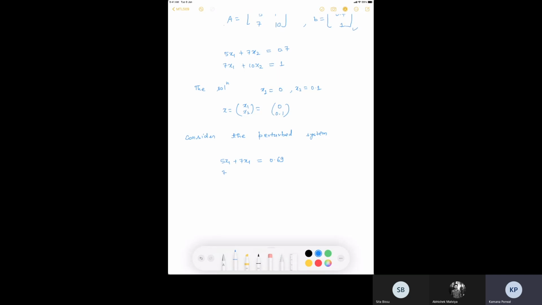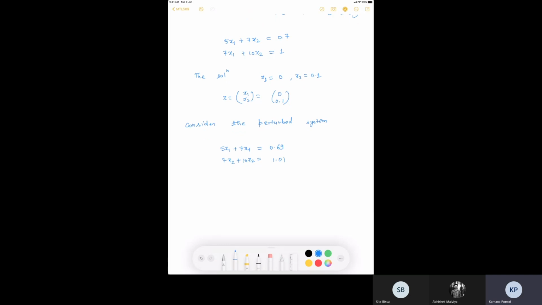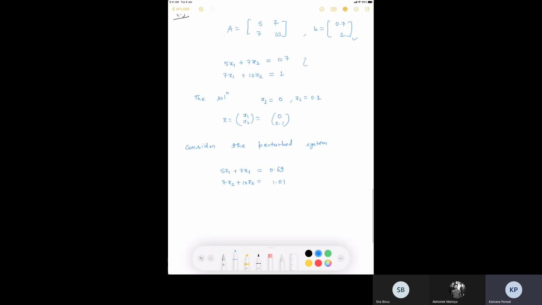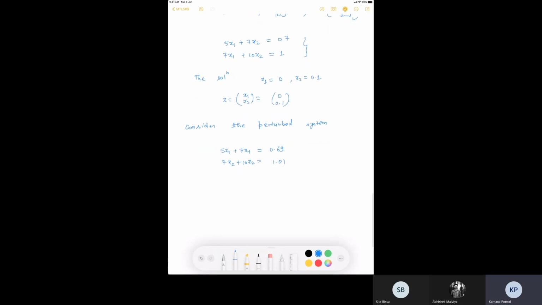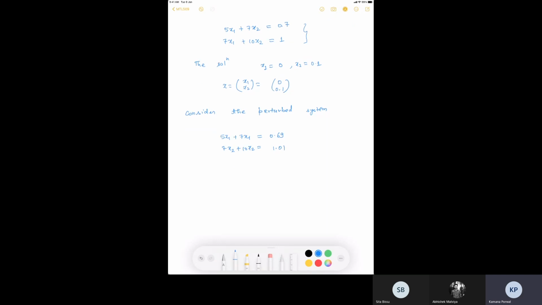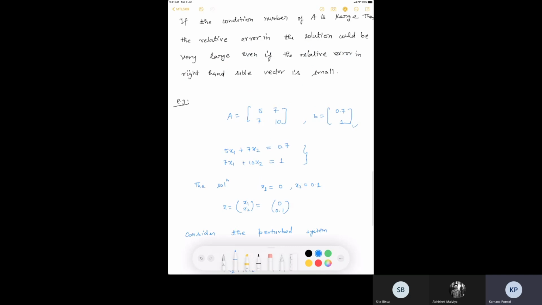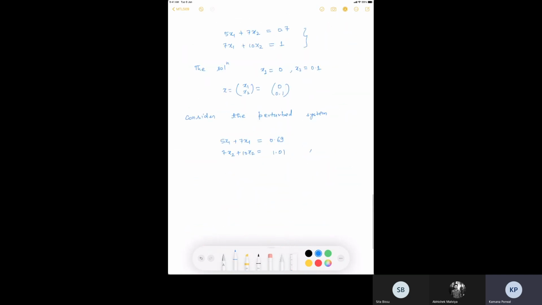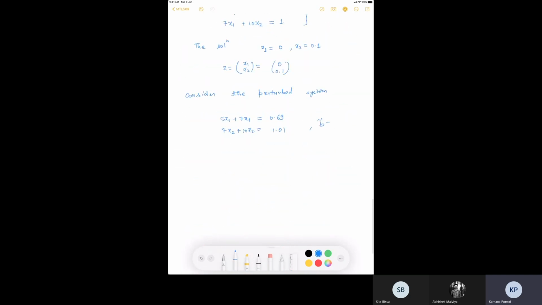And b2 I'm going to again perturb with 0.01, so I'm going to take 1.01. So there's a small change from the vector b we have here to the vector b in this new system. Here the b tilde, putting things analogous to the theorem statement, is 0.69, 1.01.